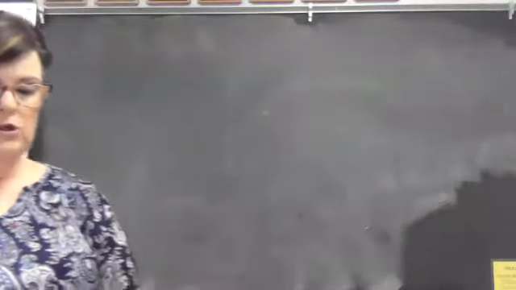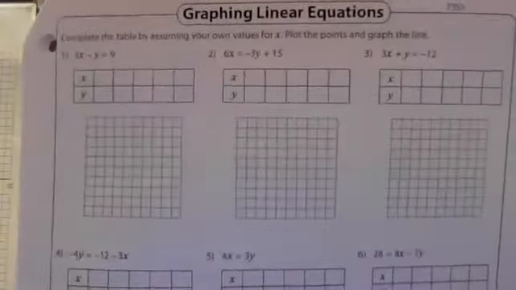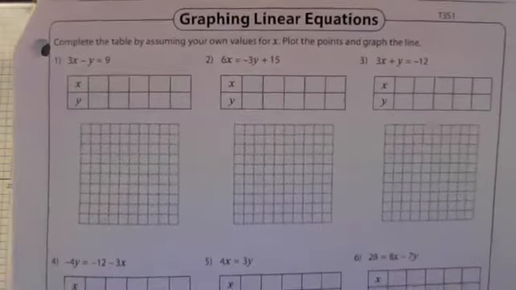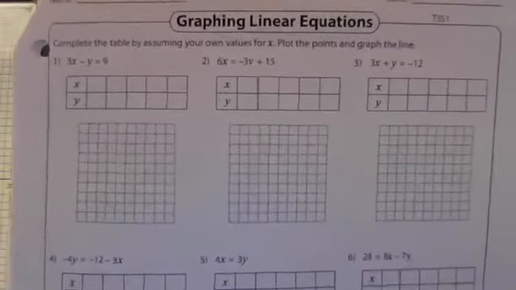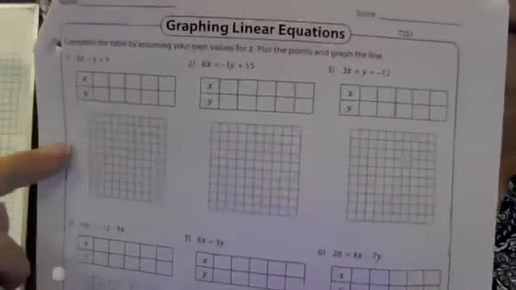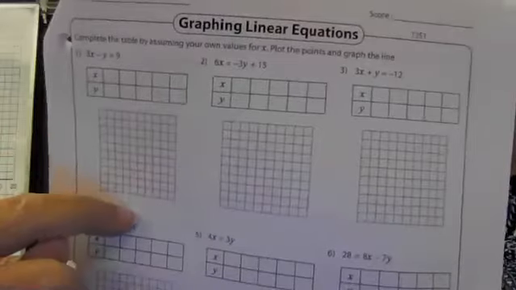Let's look at number 2, page 2. Aha. Okay, the only change on this, well, there's 2 changes. They first of all didn't put an X and Y axis. So you need to do that. Your X, remember, goes across and the Y comes down.